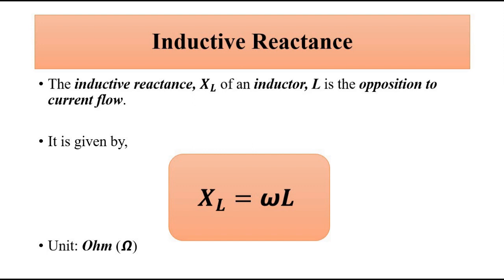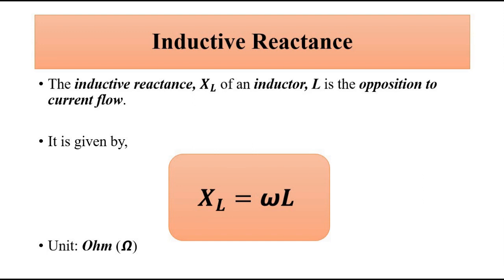In the capacitive AC analysis we discussed capacitive reactance. Inductive reactance is the same as that, but here it is provided by the inductor. It is the opposition to current flow in the circuit which is provided by the inductor or coil.